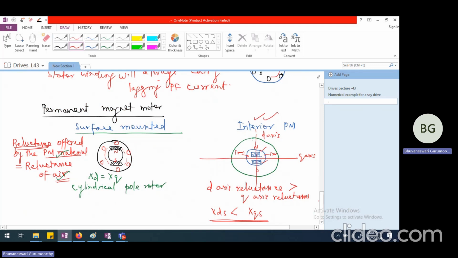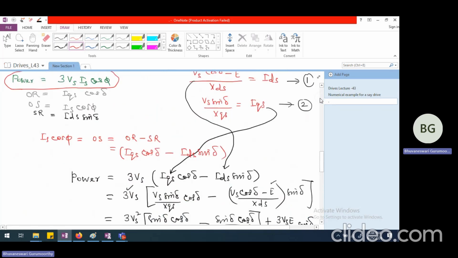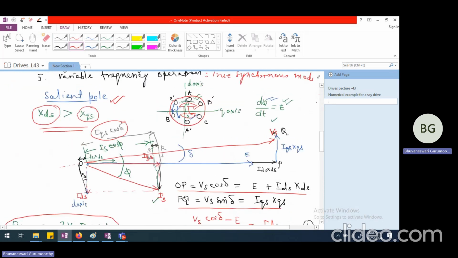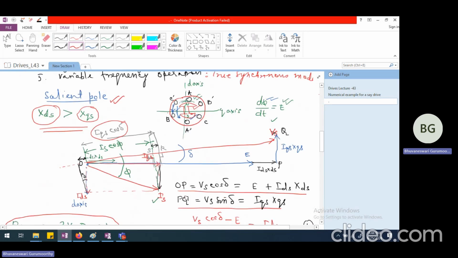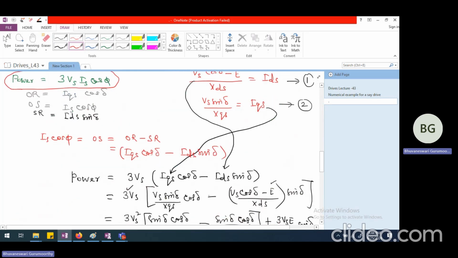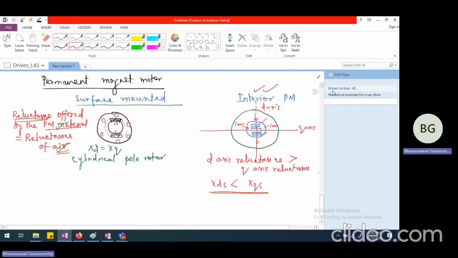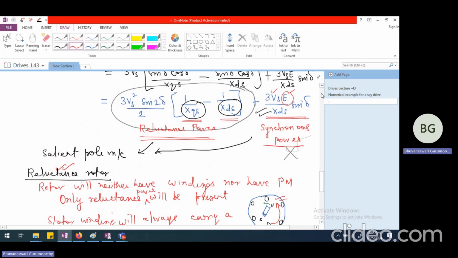And in an interior permanent magnet machine, because we have again two components of torque, one is going to be the reluctance torque and the other one is going to be the synchronous torque, just like what we saw here. And look at this, what we have as the reluctance torque, we said 1 divided by XQS minus 1 divided by XDS. That is what we derived as the expression.